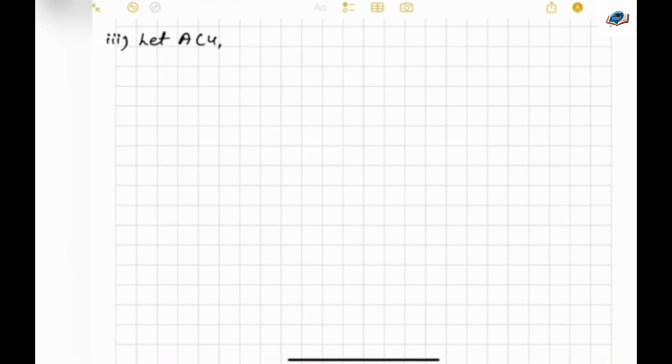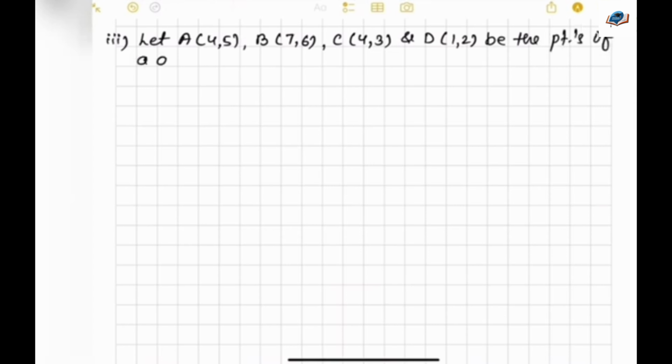Now, third one: let A (4, 5), B (7, 6), C (4, 3), and D (1, 2) be the points of a quadrilateral.